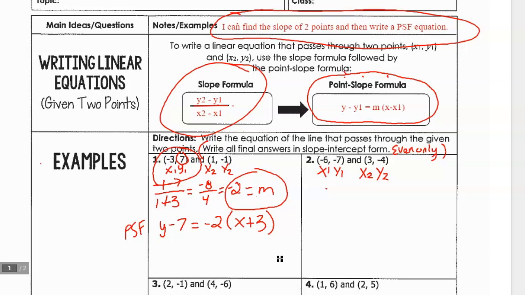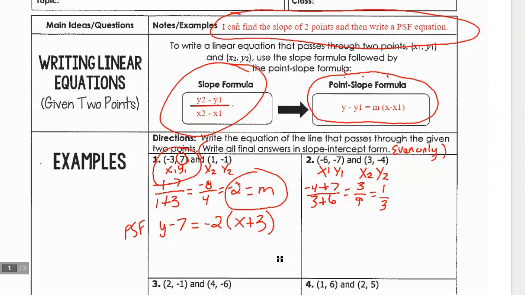And you need a little more room here on this one, so you got to be careful with how big you write. So I have -4, it's my y2, minus y1, so that becomes +7, 2 negatives. On top, and on bottom I have 3 plus 6 because I have minus a -6. That leaves me with 3/9. When I'm done, I reduce that to 1/3.